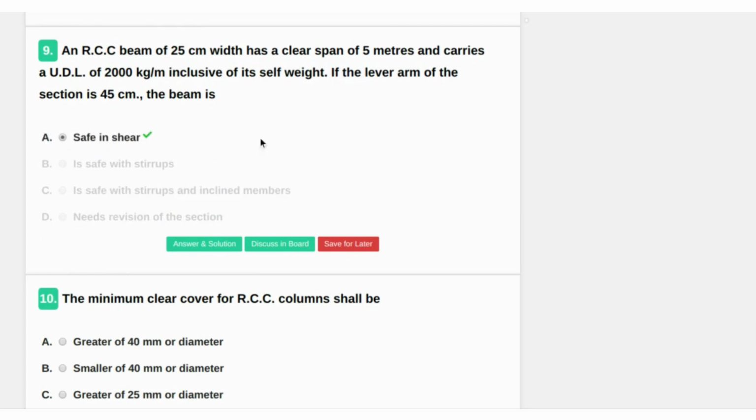Calculation: shear stress equals 2000 kg into 5 meter divided by 25 into 45. This is in between 4 to 20 kg per cm square, or less than 5 kg per cm square. So it is safe in shear.